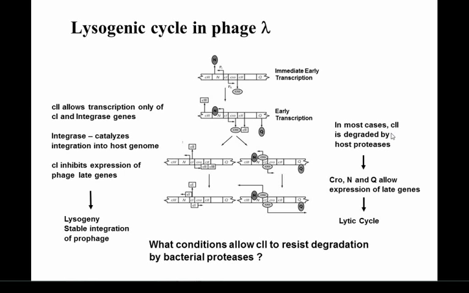Then it will undergo a lytic cycle, so it will release a lot of phage and go and infect all these other cells. However, if you've got a situation where you only have very few bacteria and a lot of phage, all of them are going to infect the same cell at the same time.